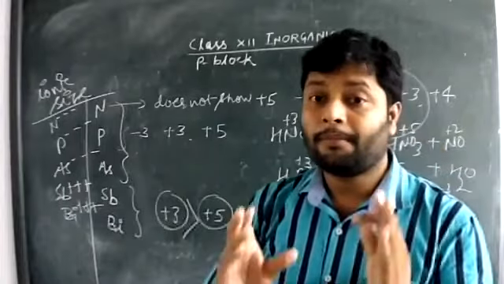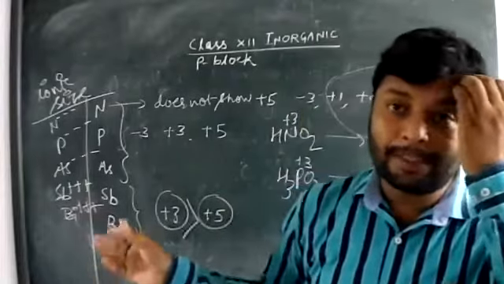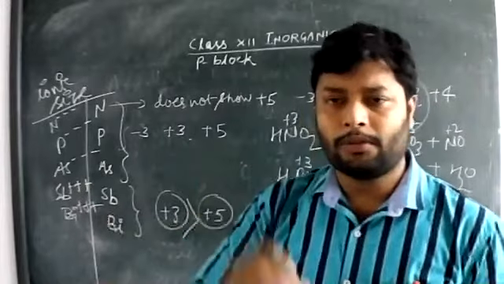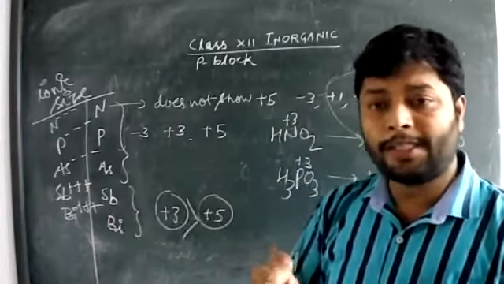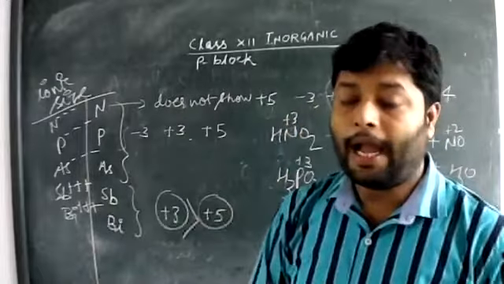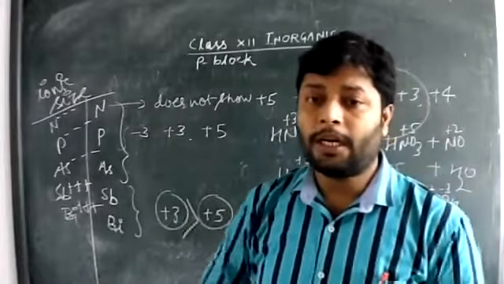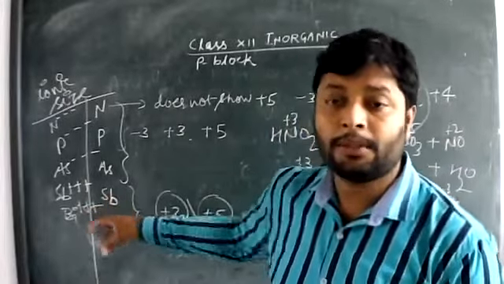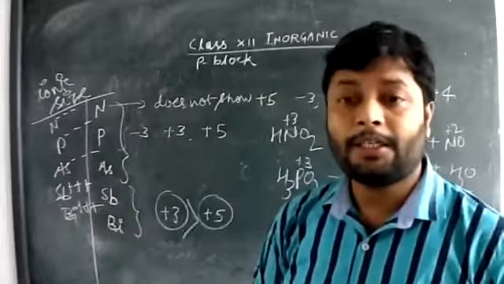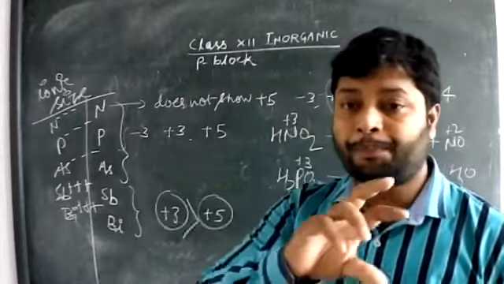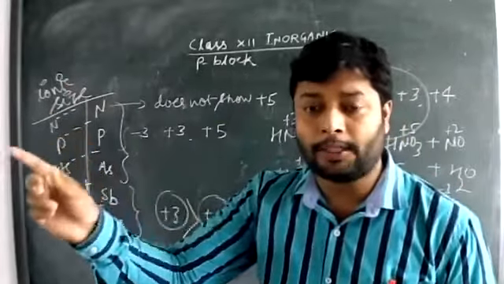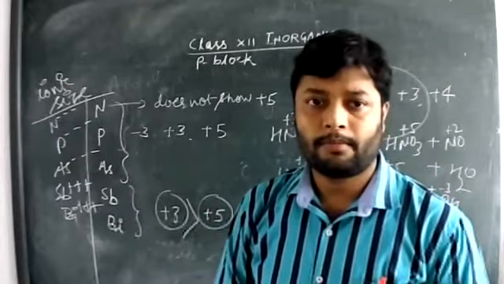But antimony and bismuth have somewhat lower ionization enthalpy than expected from the data. The ionization enthalpy becomes somewhat lower in antimony and bismuth due to poor screening of the nucleus from the outer electrons.